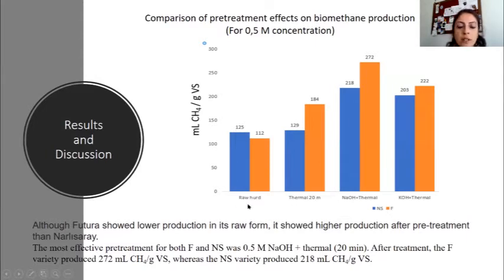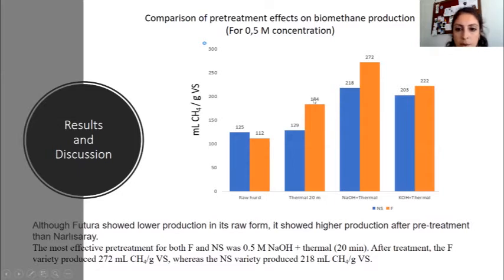First of all, we look at the raw hurd. We see here Narlisarai is a little better than Futura, but after treatment, Futura was better than Narlisarai in all three types of pretreatment methods.